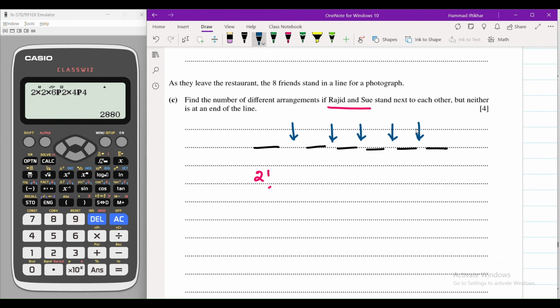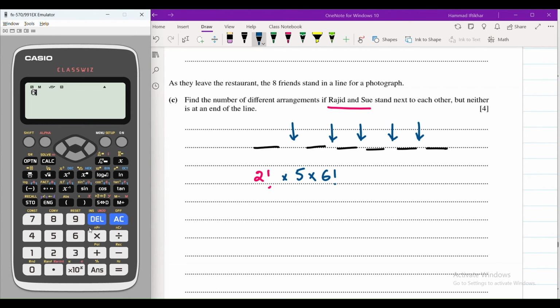So this means 5 choices for Rajat and Sue, times 5. And for the rest of the 6 people, there is no restriction, so 6 factorial. So 6 factorial times 5 times 2, we get 7,200.